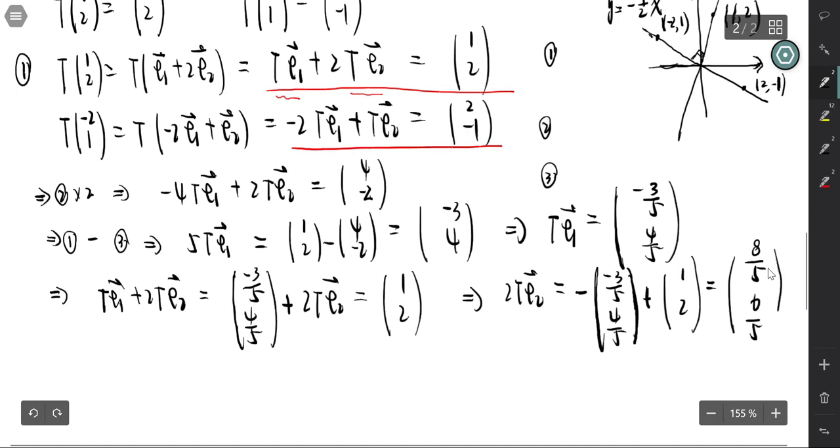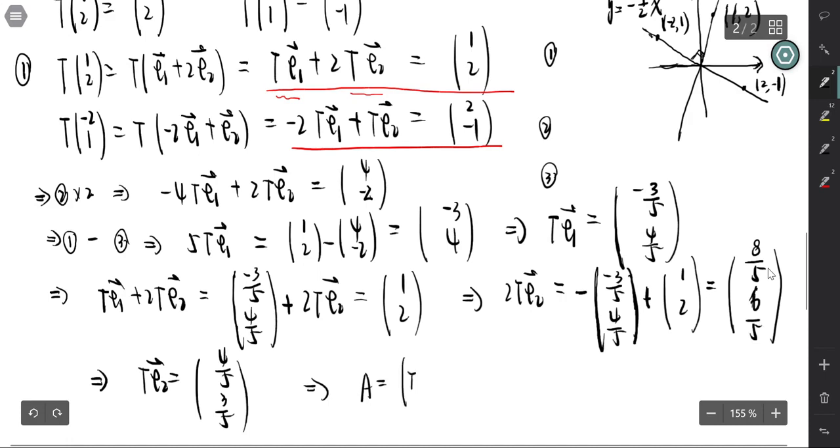So we got 2TE2 equals (8/5, 6/5). We divide both sides by 2. Then TE2 is (4/5, 3/5). Then we got TE1 and TE2.